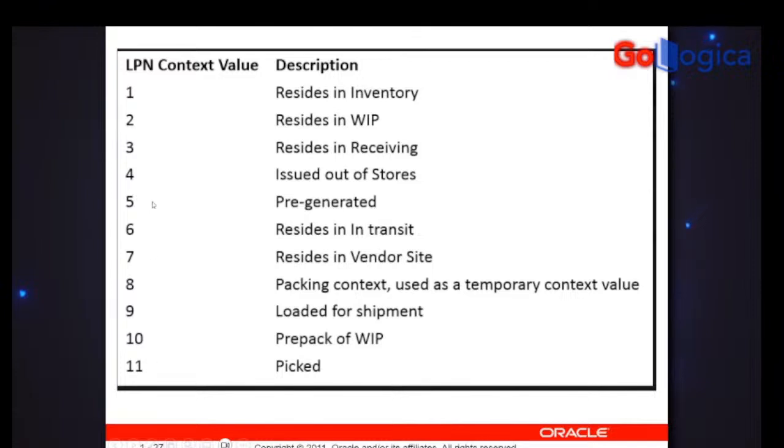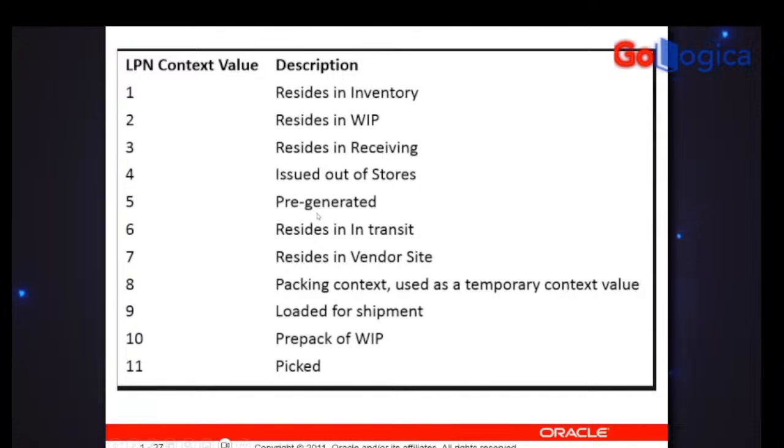Most of them we are aware of. Whenever you have received an LPN and it is already put away and sitting inside your warehouse, the context is 1, that is, resides in inventory. It is 4 when it is staged and then ship confirmed. Once it's ship confirmed, it will show issued out of stores and the LPN context value will be 4.